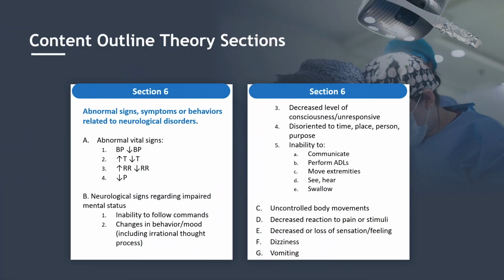Section 6. Abnormal signs, symptoms, or behaviors related to neurological disorders. Abnormal vital signs.